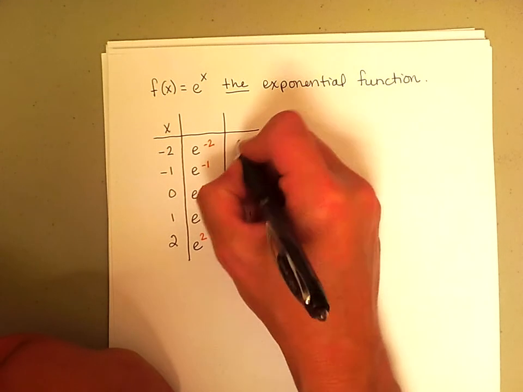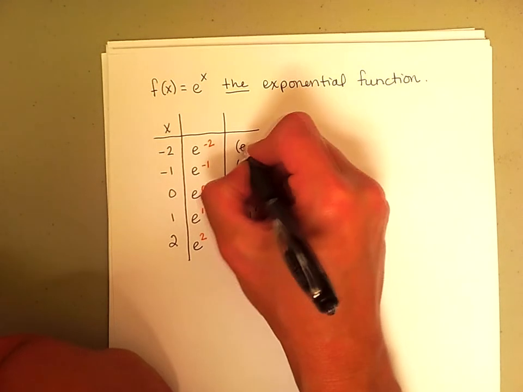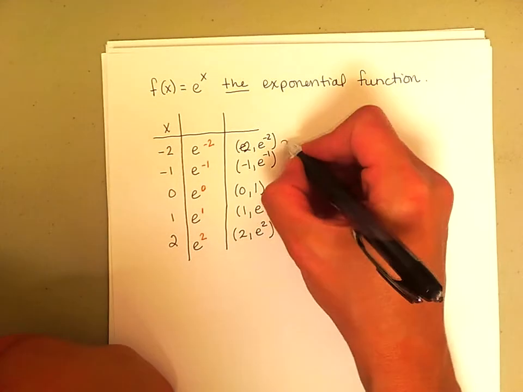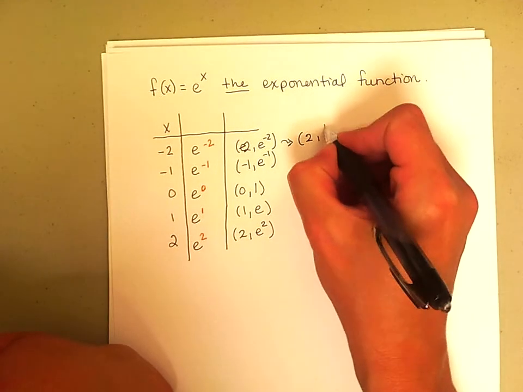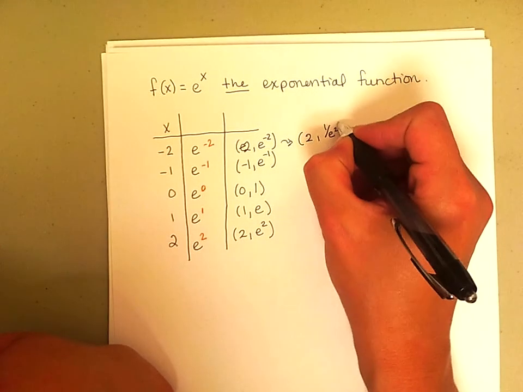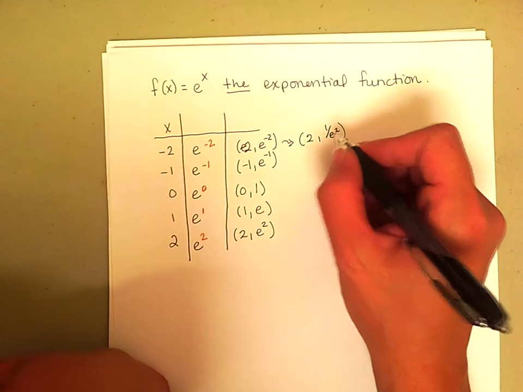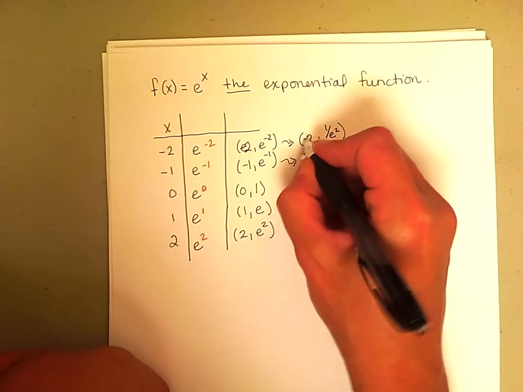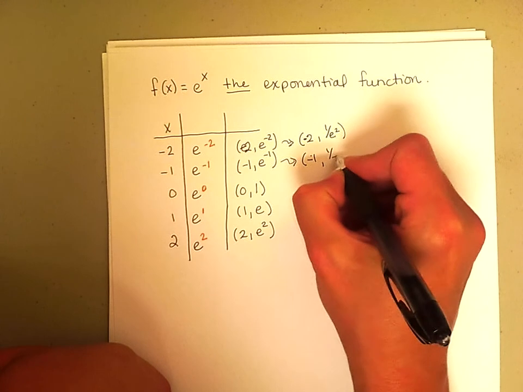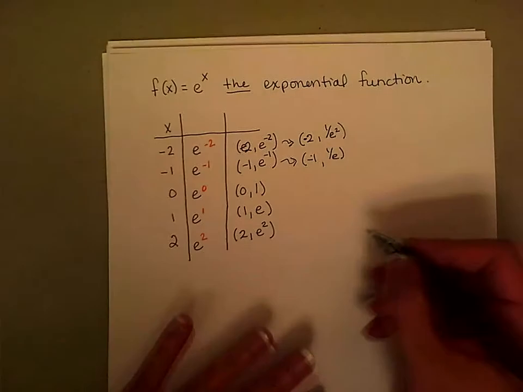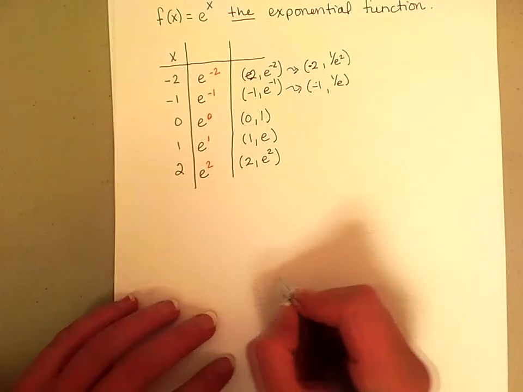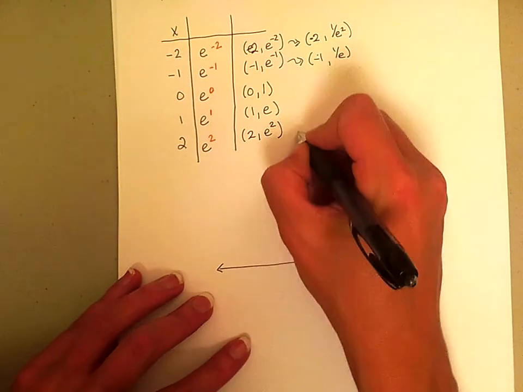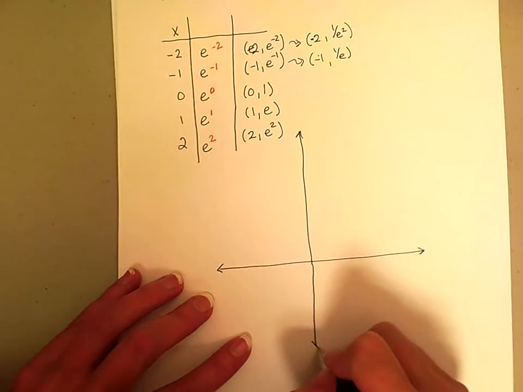And here, negative 1, e to the negative 1, negative 2, e to the negative 2. You could, of course, write these as 1 over e squared. And I think from here it's clear that it's positive. Negative 1, 1 over e. But in the end, the graph has the same shape and characteristics.